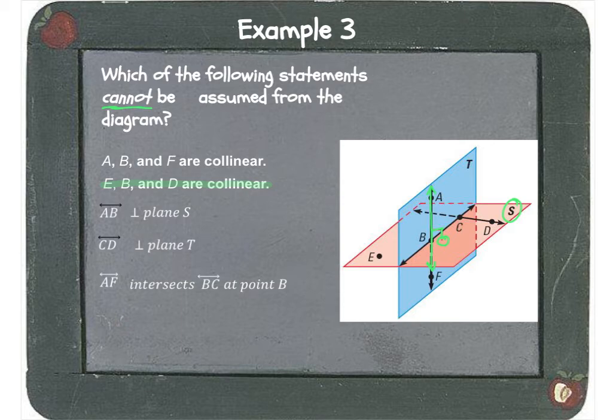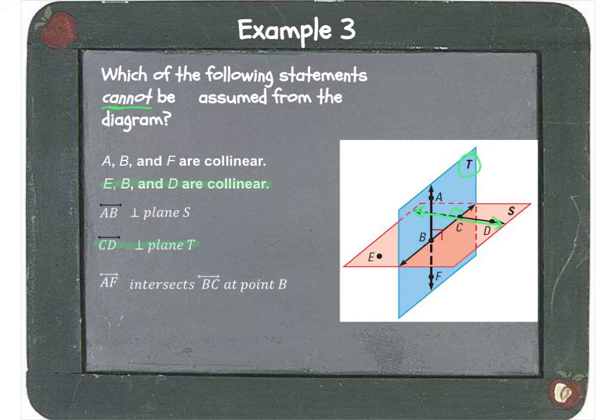And next, we've got the line CD intersects the plane T. So CD is right here, that's this line. Does it intersect the plane T? No, the reason we cannot assume that is because there's no 90-degree angle here showing that it intersects at a 90-degree angle. So this one cannot be assumed, so we want to highlight this one.